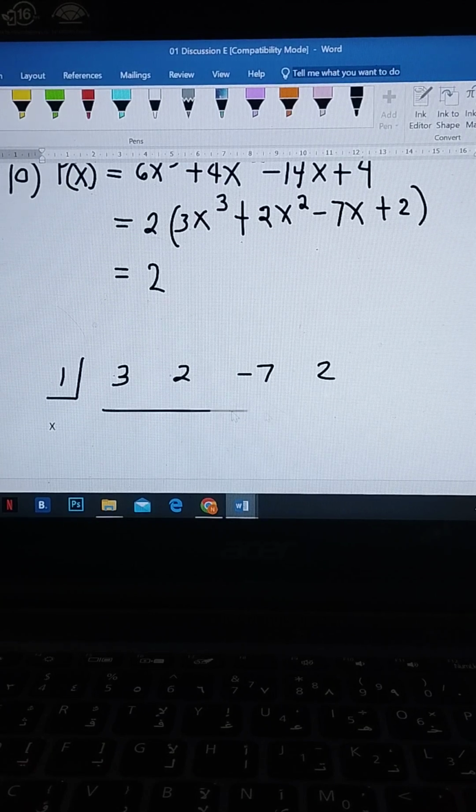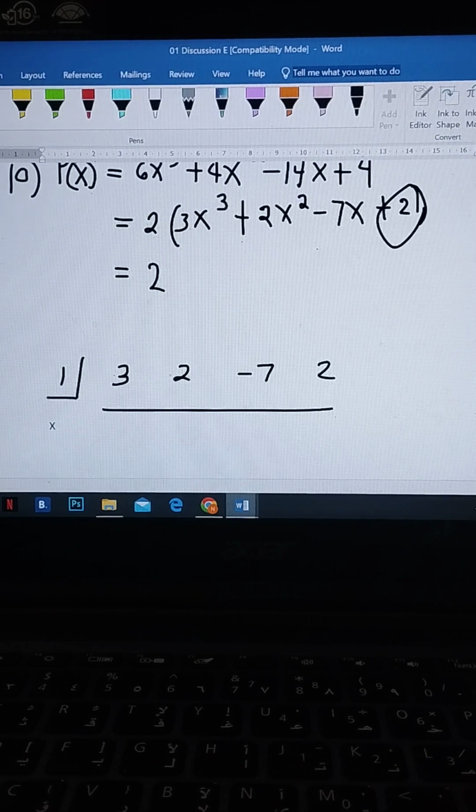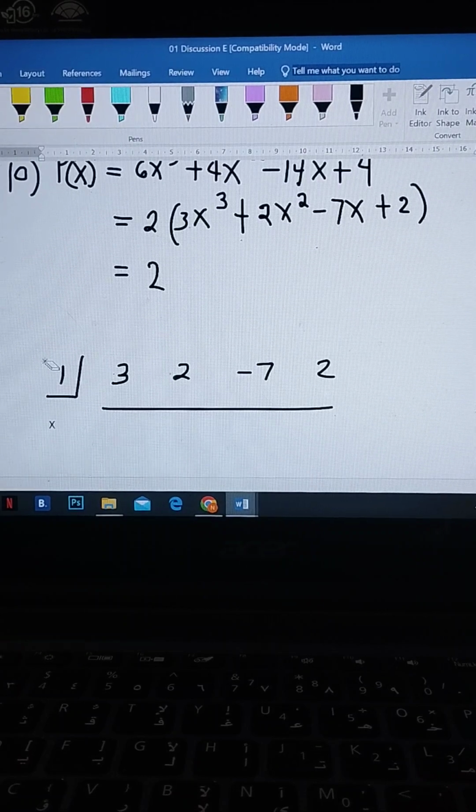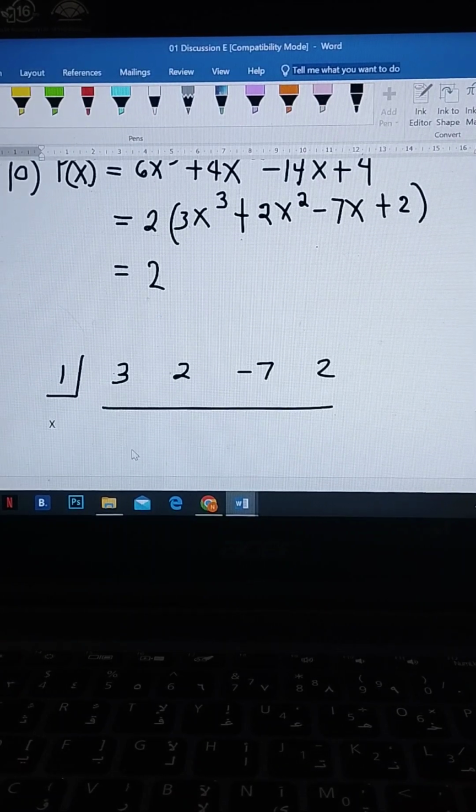Let's try 1. Possible factors of the constant: positive negative 1, then positive negative 2. So bring down 3. 3 times 1 is 3, 2 plus 3 is 5, 5 times 1 is 5, negative 2 plus 5... negative 2 times 1, negative 2, is 0.